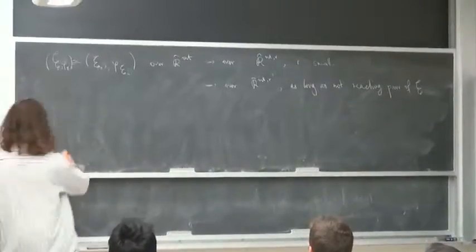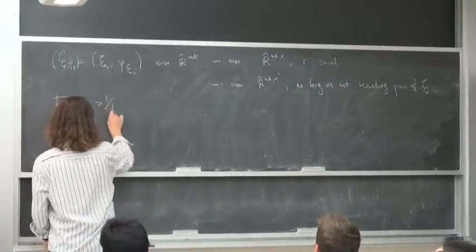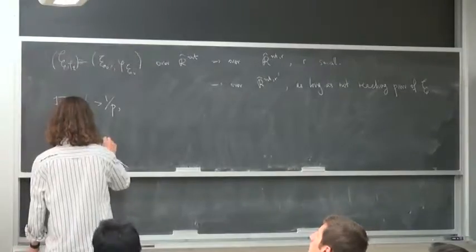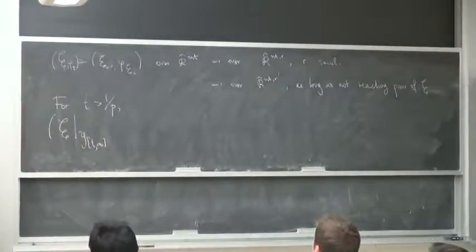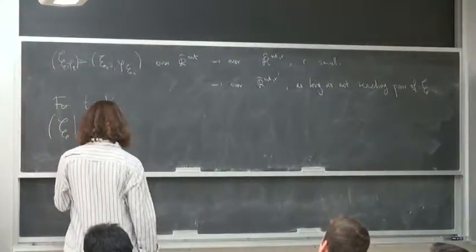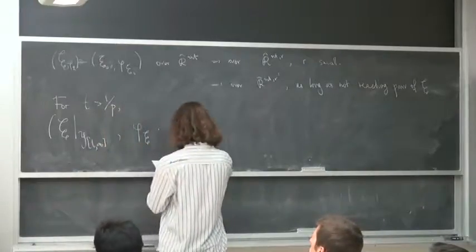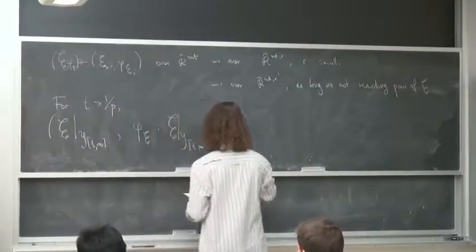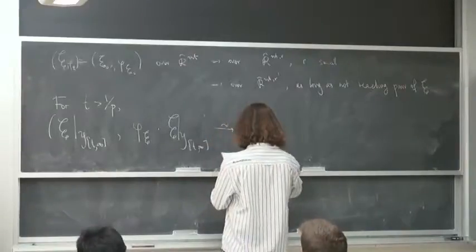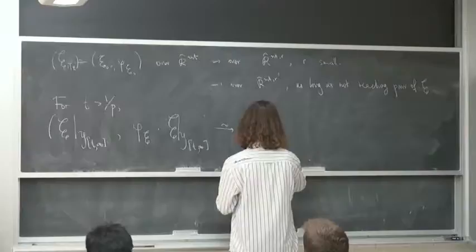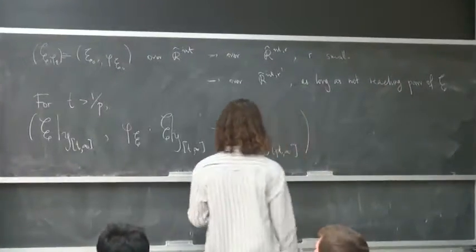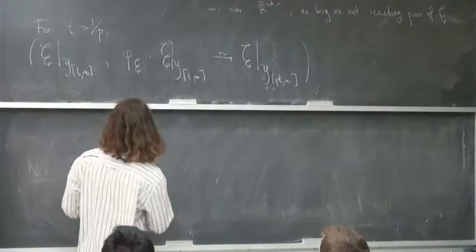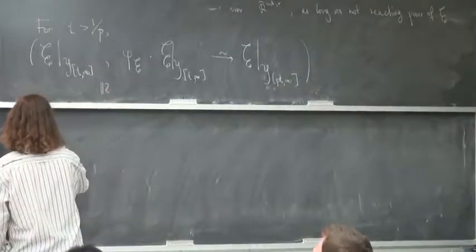And so what this analysis gives you is that for t greater than 1 over p, the restriction of E to this curve Y t infinity, which actually does include this point, and the phi, which is an automorphism between E restricted to this part from t to infinity with E restricted to the part from pt to infinity, is isomorphic to the same thing with E0.